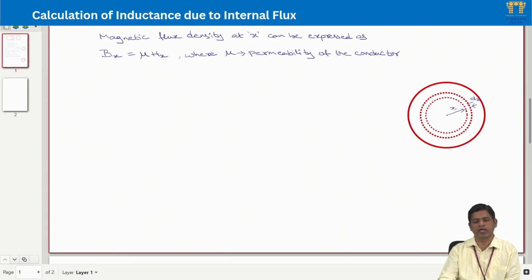Now in this tubular element, if I want to find the flux, so flux in the tubular element will be equal to the product of this magnetic flux density Bx and the area which is normal to this flux lines. So now let us see how to find the area which is normal to the flux lines.